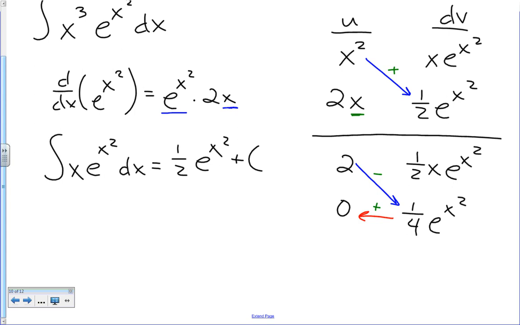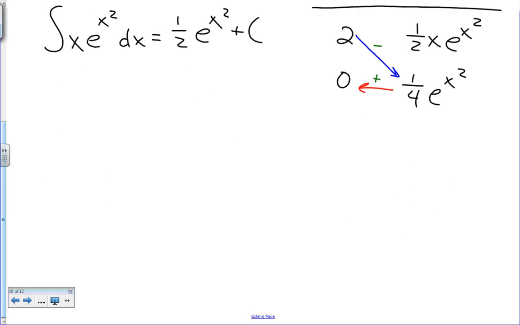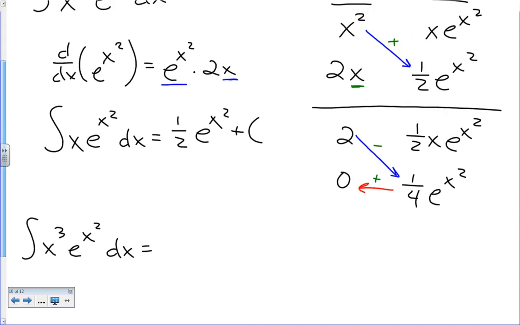All right. So let's rewrite our original problem then. We had the integral of x cubed e to the x squared dx. That turns out to be equal to, our first diagonal there was x squared times 1/2 e to the x squared. I'll put the 1/2 out front, and then x squared e to the x squared.